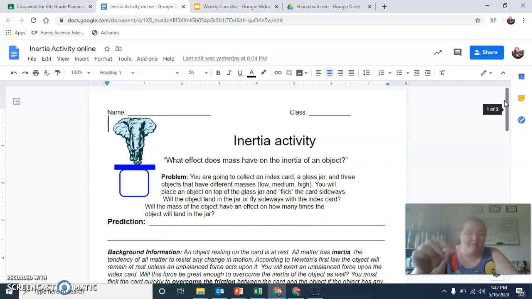For medium mass, somewhere in between the two, I'm using a small clip. And for high mass, I am using a charging block.